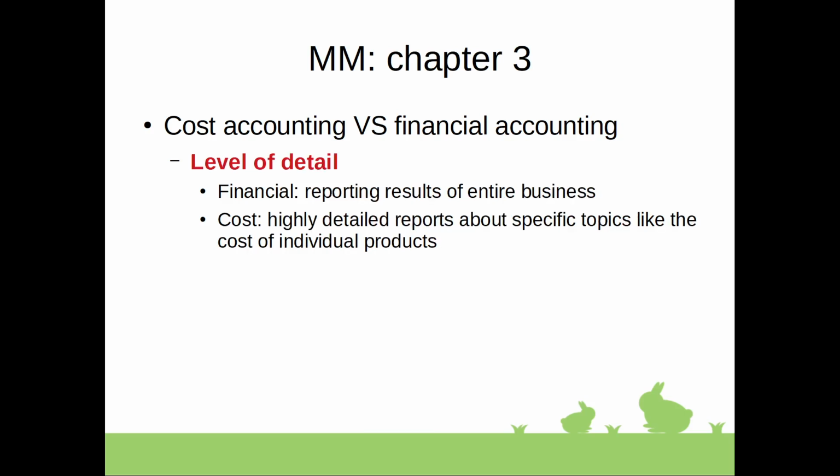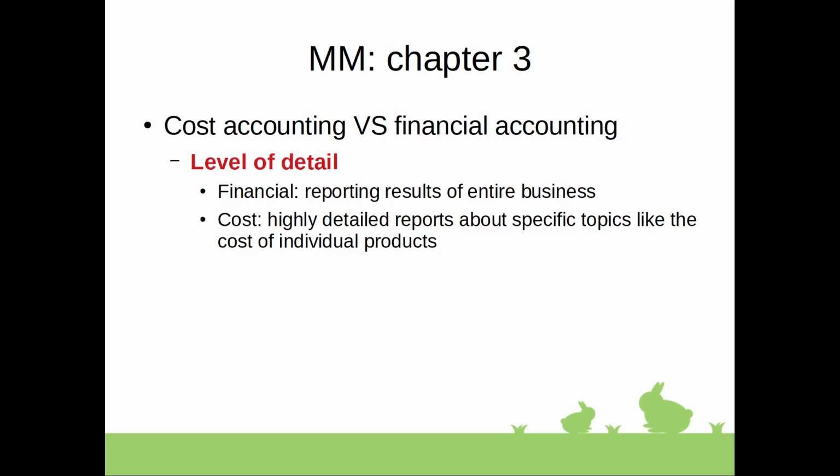Second one is about the level of detail. Financial accounting is about reporting results of the entire business, once again, to the outside world as well. It's quite detailed, but cost accounting is way more than that. It's very highly detailed, and will report about specific topics like the cost of individual products.